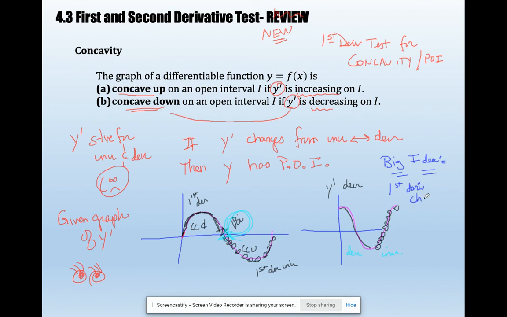Where the first derivative changes sign, I have extrema.